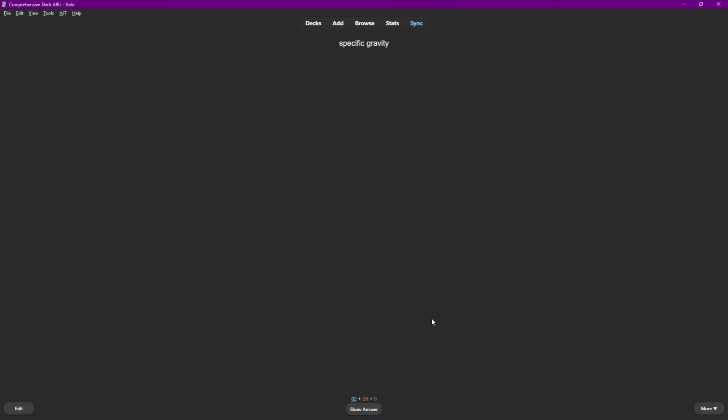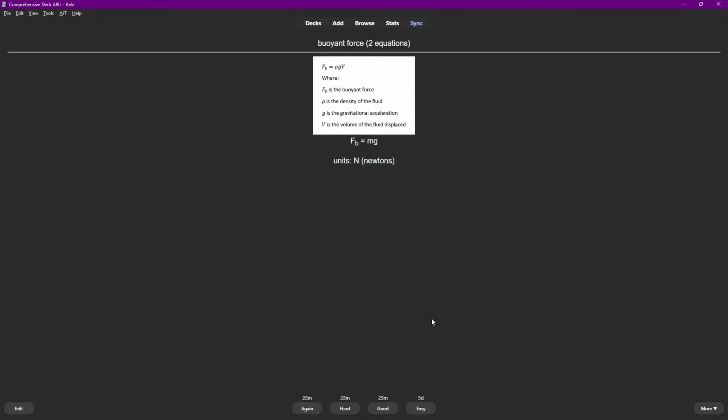Specific gravity is the density of a liquid over the density of water. Buoyancy force, F of buoyancy equals density times gravity times volume.